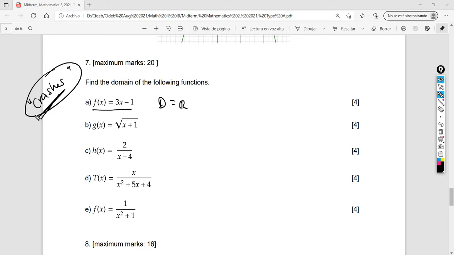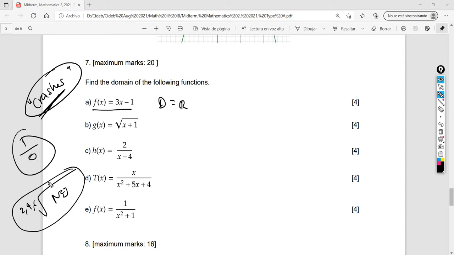And by crash, remember that what we mean is divisions over 0, something like this, or trying to calculate square roots or fourth roots or sixth roots, even roots of negative numbers. These are the only two types of crashes or problems that we can run into. And this function is very well behaved, so it's a very decent function, and it's just the real numbers.